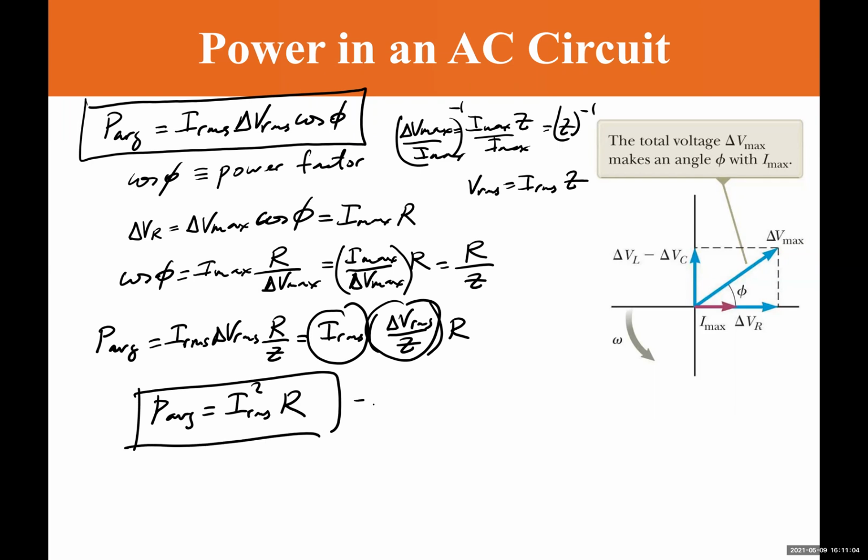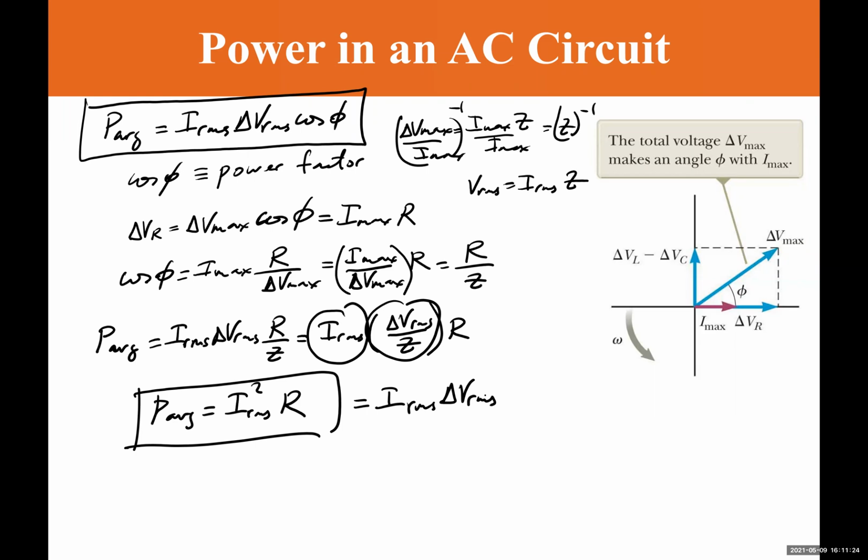But the same way, we can always write this in terms of the current times voltage, using the RMS values. So IRMS times delta V RMS. So basically, just like in the case of, let's say, DC circuits, right?